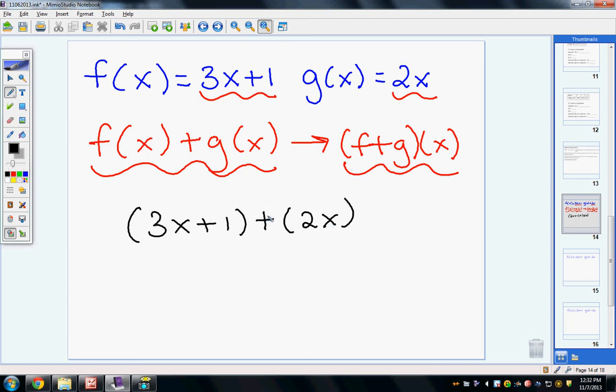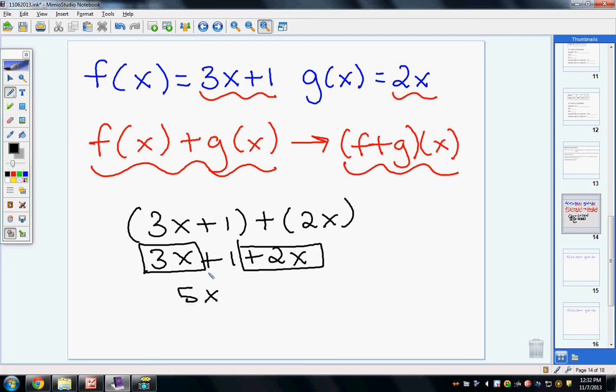At this point, you would want to distribute the negative or a positive sign. So this is just 3x plus 1 plus 2x, and now we combine like terms. I can combine the 3x and the 2x, so I have 5x, and I am still left with the positive 1, so it's plus 1. This is our answer here, 5x plus 1. That's what we get when we add f of x plus g of x.